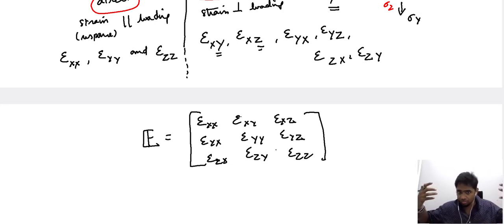Supposing there is no load along the z-axis, then all these terms wherein the second subscript is z will become 0. So depending on the mechanical condition that you impose, we will be able to express the overall response that is offered by the material using this notation here.